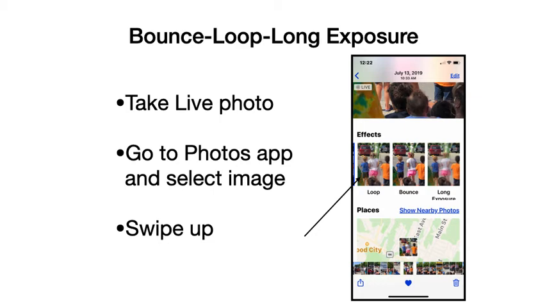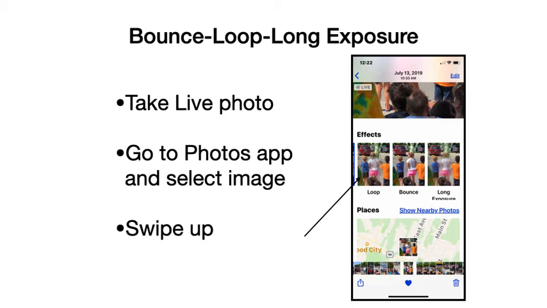Now, you need to take a live photo or use a live photo, and you go to the Photos app and you select that image. And you slowly sweep up on the image, and you will see this row of effects. It will say live, then loop, then bounce, then long exposure.